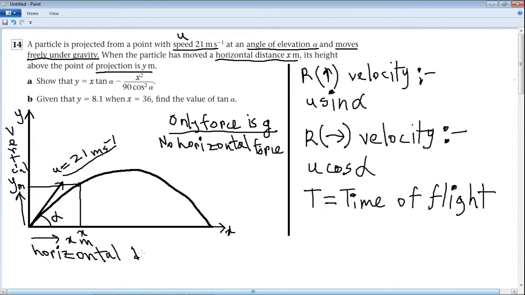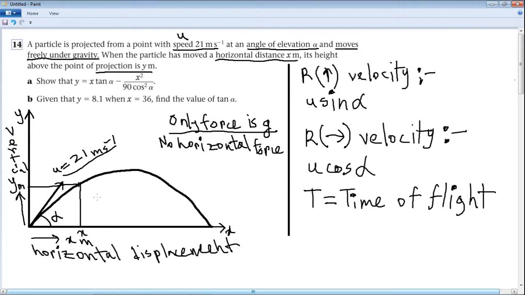I hope that I have cleared your confusion. So the horizontal displacement is this one, and the vertical displacement is y. That means when there is a vertical displacement y, there should be a horizontal displacement x respectively.